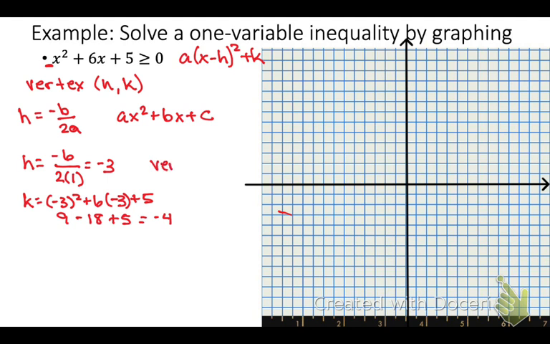So the vertex is at negative 3, negative 4. See that? Now, is it opening up or down? It would be opening up, because it's positive. So negative 3, negative 4, put a point.